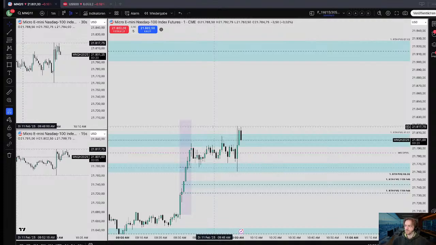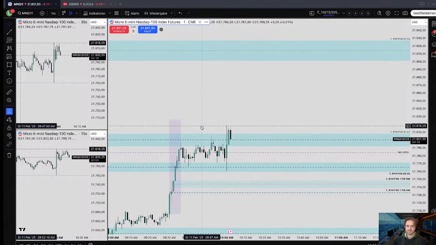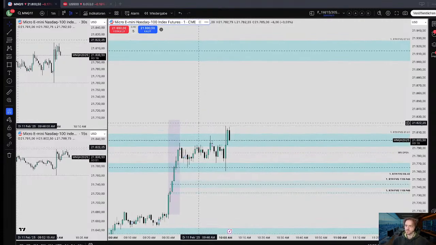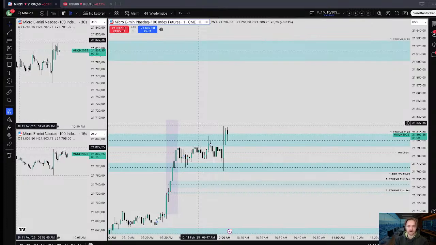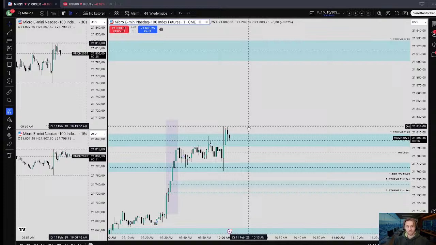For example, this level, the new day opening gap, the low of the 8th of February, is something I don't really give too much attention to. You see it, it's maybe a short reaction, but I think it will go back and go through. Probably I'm wrong, I don't know, but at least it's not a level I give too much attention to.